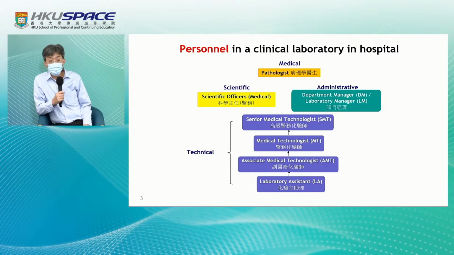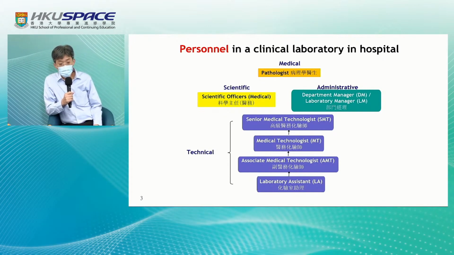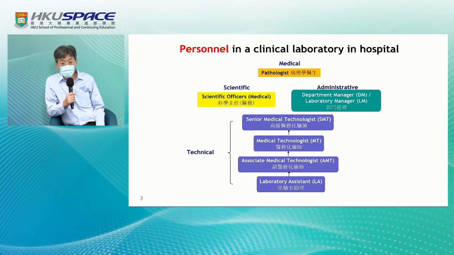Actually, the program that we are running mainly involves people working in the medical laboratory science field or biomedical science field. This slide shows the typical personnel hierarchy in a clinical laboratory in a hospital. Usually we have a pathologist, and under the pathologist a number of scientific officers, and also administrative staff called department managers or laboratory managers.